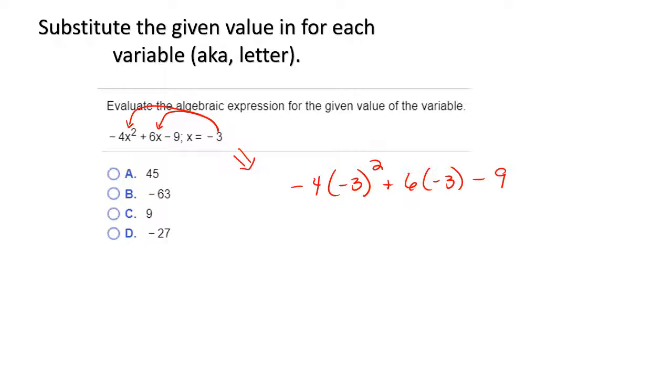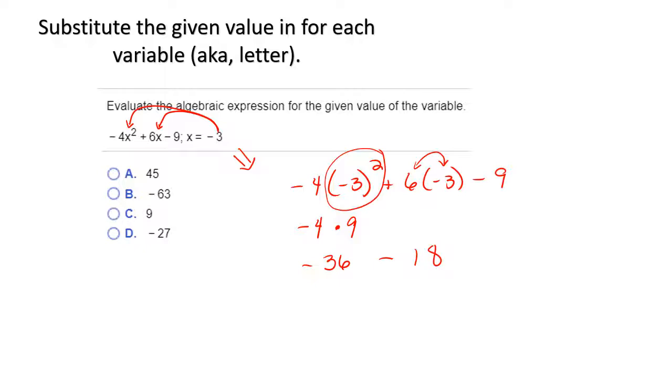So by the order of operations, I have to do the exponent first, and -3 times -3 is 9. Now that 9 will need to be multiplied by that coefficient -4, giving me -36. Then I have the -3 and the 6 next door to that, and I multiply those. Positive times negative would be -18.